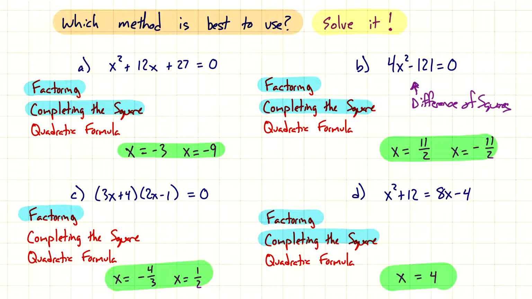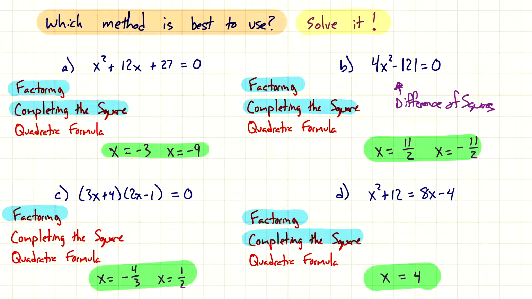The other option would be completing the square, which might not be so obvious, but the basics of it is really just you could solve for x. Since there's only one x here, you could just add 121 to both sides, divide by 4, and then square root both sides.